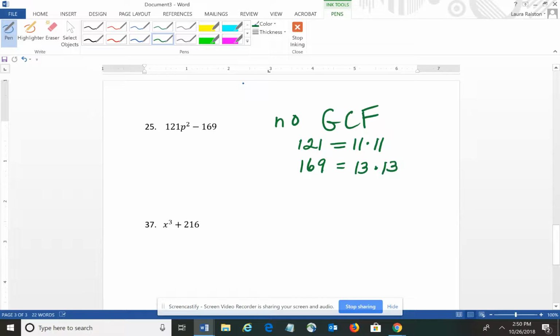So both of those are perfect squares. Following the pattern, draw our parentheses. To get 121, I did 11 times 11 and p times p. To get 169, I did 13 times 13. One's a plus, one's a minus. And there it is.